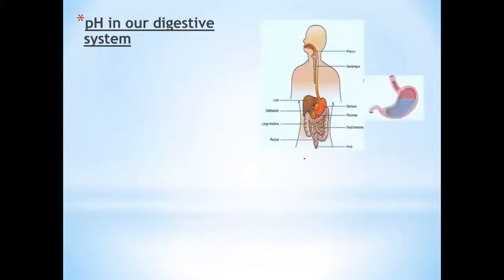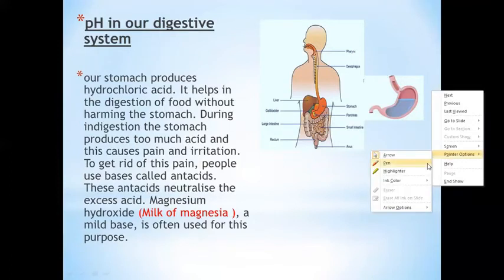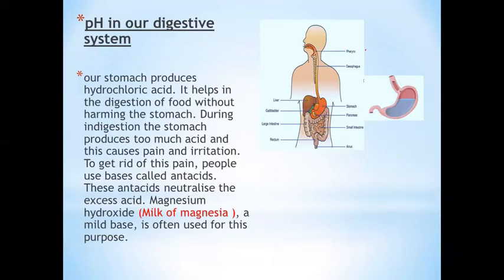pH in digestive system. Stomach produces hydrochloric acid. It helps in digestion of food. But if there is production of too much acid, that causes pain and irritation, and this is known as acidity.